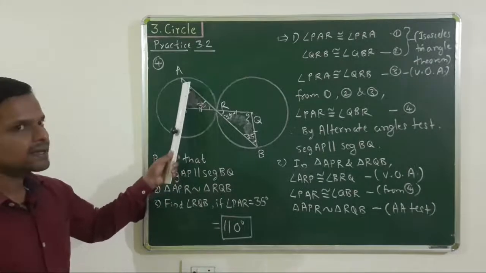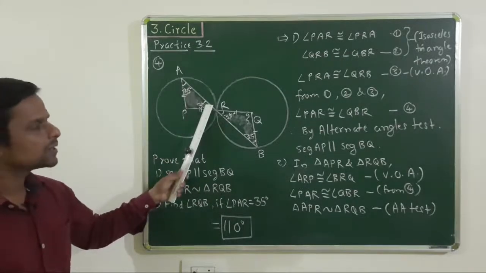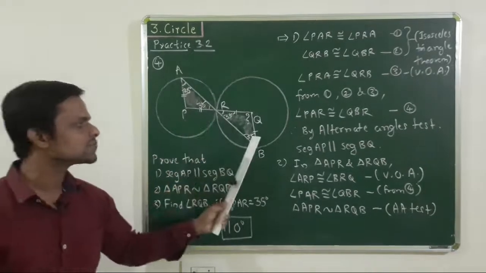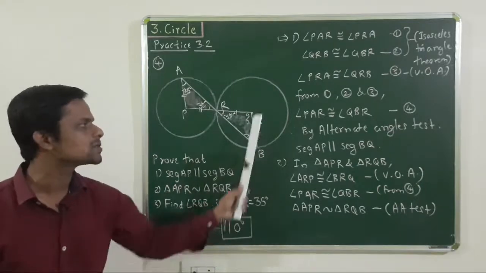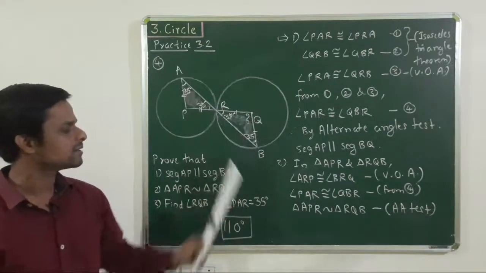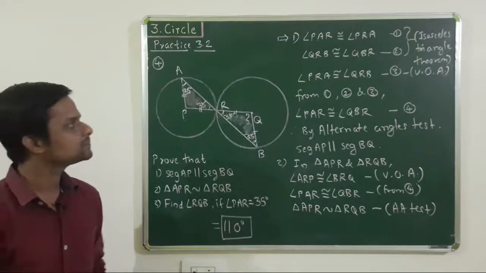Listen once again: this angle is given as 35, therefore this one will be 35, this one will be 35, and this one will be 35. Take the sum of measures of all the three angles of this triangle, then you will get the answer.